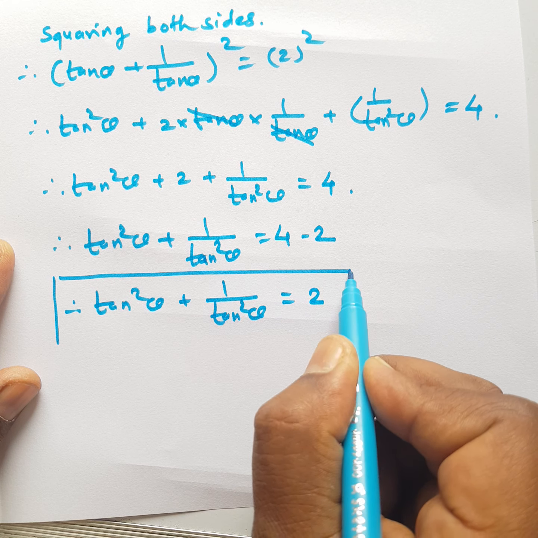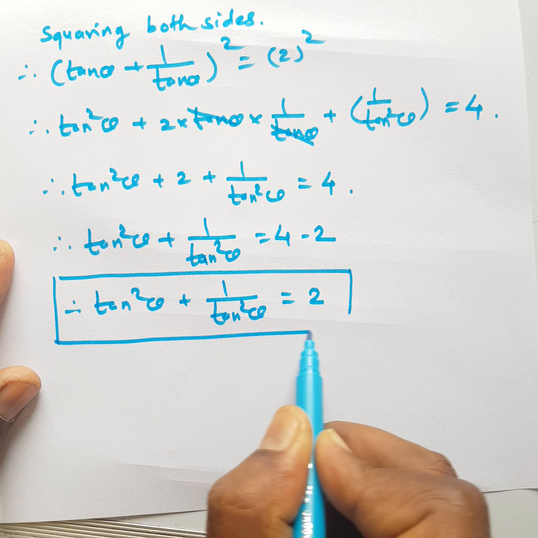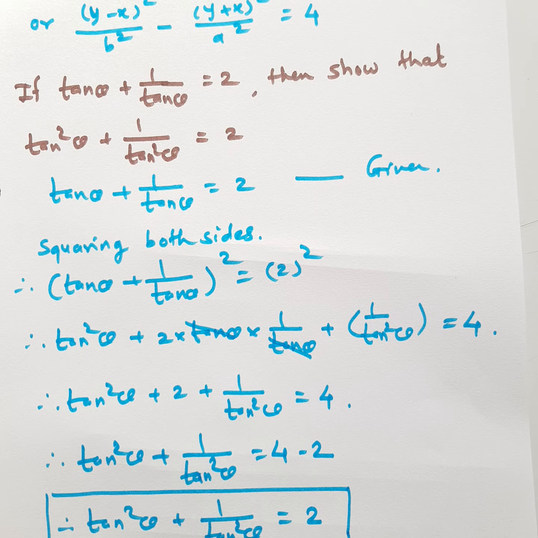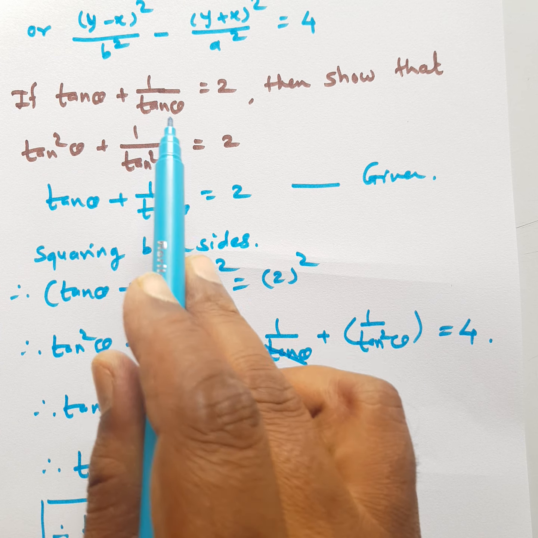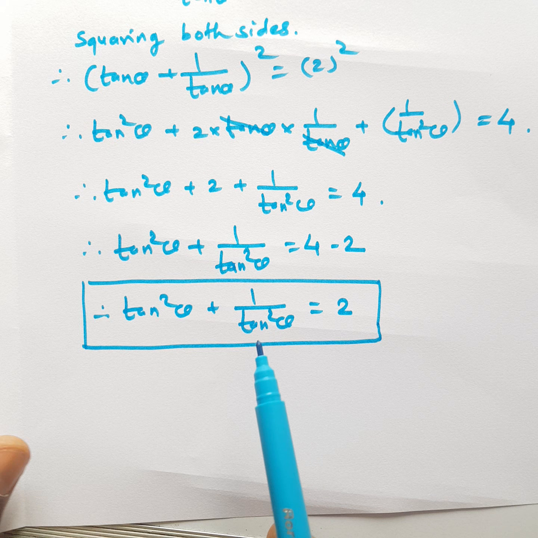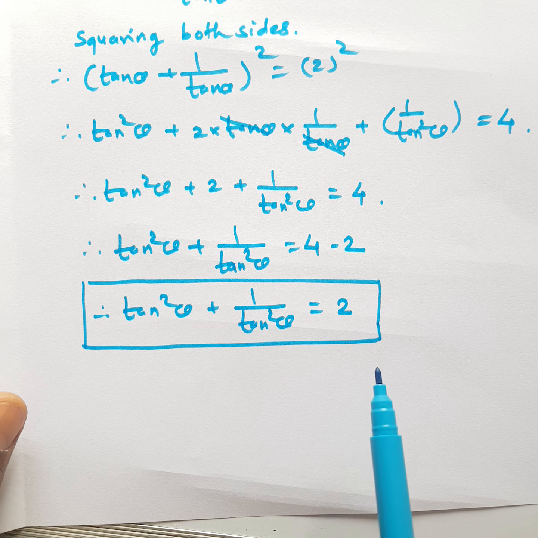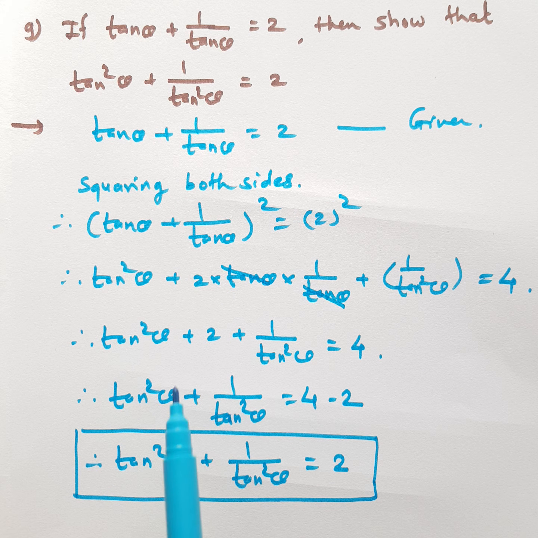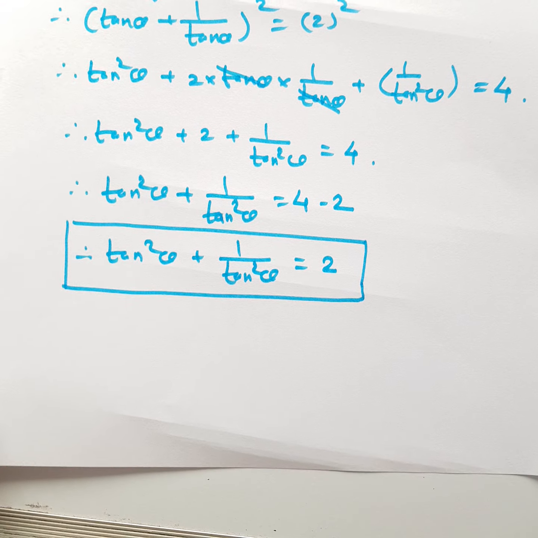The given term was tan theta plus 1 upon tan theta is equal to 2, and we proved tan square theta plus 1 upon tan square theta is equal to 2. For that we squared both sides, and by simplification we got this relation.